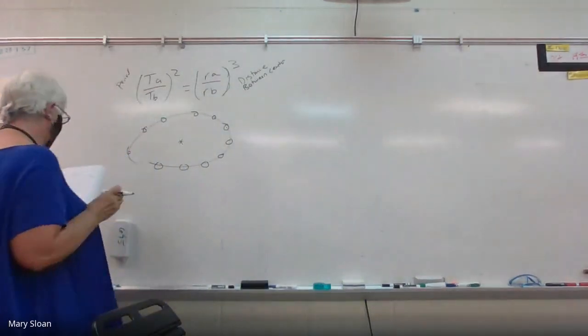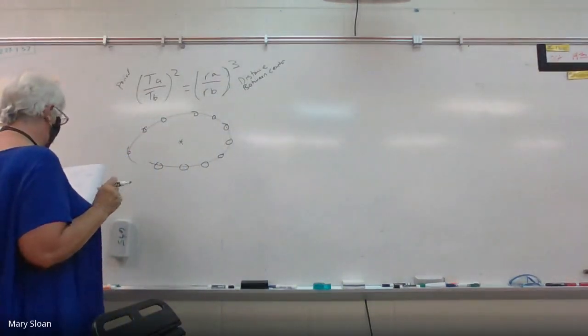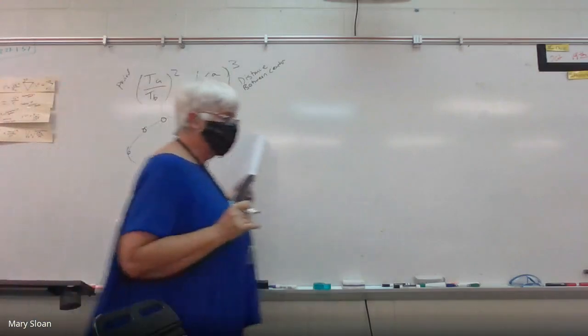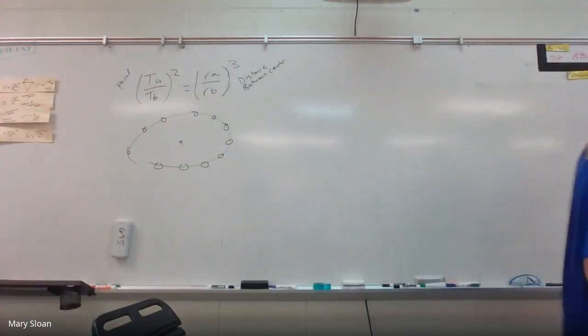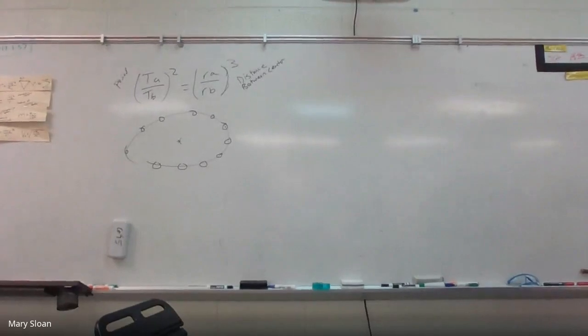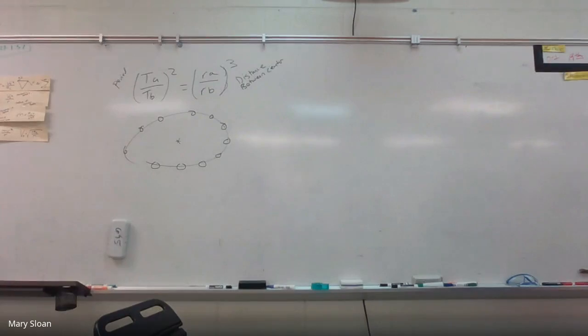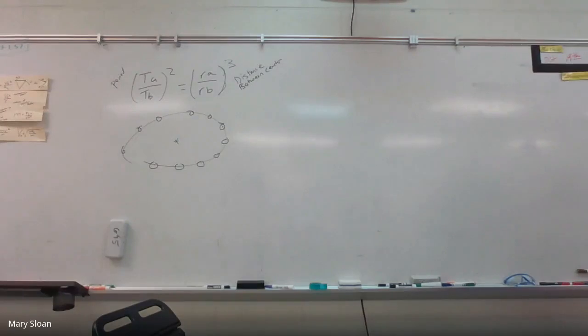We know its period. It has a period of 7.15 days, right? That's what question number 1 says. It says that this Jupiter moon has a period of 7.15 days.